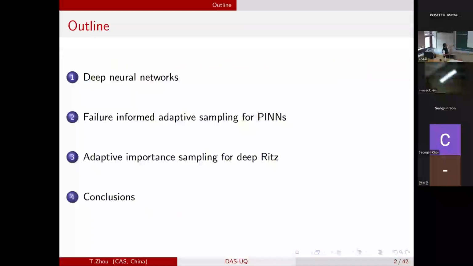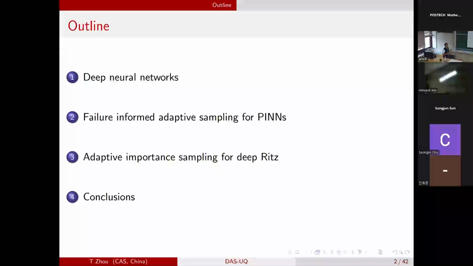The talk will be divided into 4 parts. I will give you a very brief introduction to deep neural networks. I think most of you should be very familiar with this type of function. Then I will talk mainly on the so-called failure-informed adaptive sampling for PINNs. Essentially, this is the idea of how to choose the training points for PINNs when you use this method to solve a PDE.